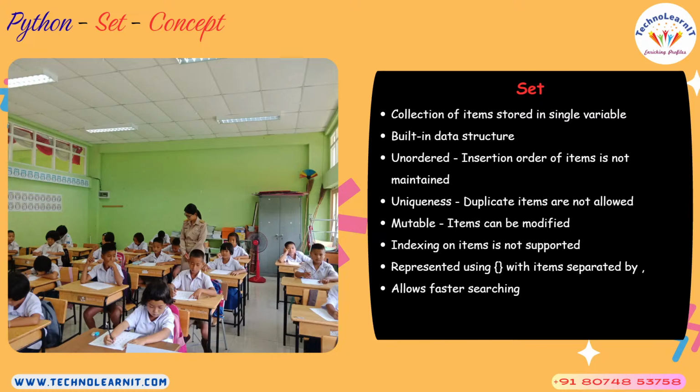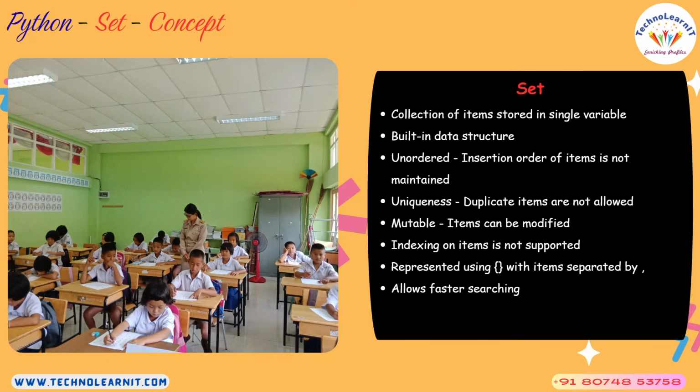And also the primary distinguishing factor between the other data structures with this set is that all the elements or all the items within a set are always unique. So uniqueness is a main property of a set, indicating it doesn't allow you to store duplicate items within itself, right? And of course, it is a mutable data structure, mutable collection otherwise, meaning you can add or remove or update items from a set.